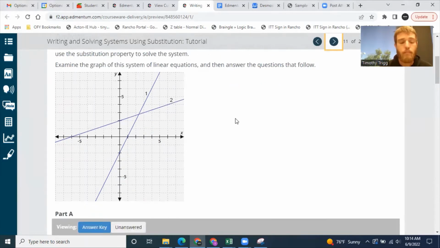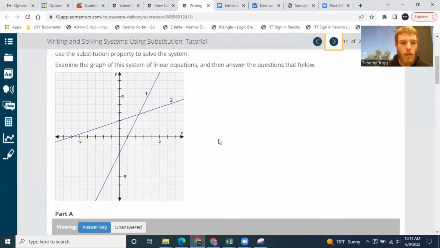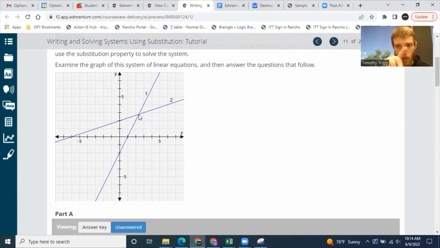The solution of a system of equations like this is the intersection of these 2 graphs. So we already know where the solution should be. It's right at this intersection of lines 1 and 2. But you can see that this intersection is not on grid lines, so it's not in a convenient spot.